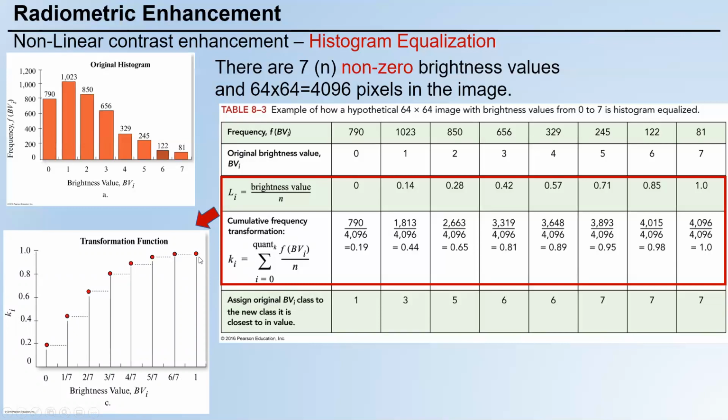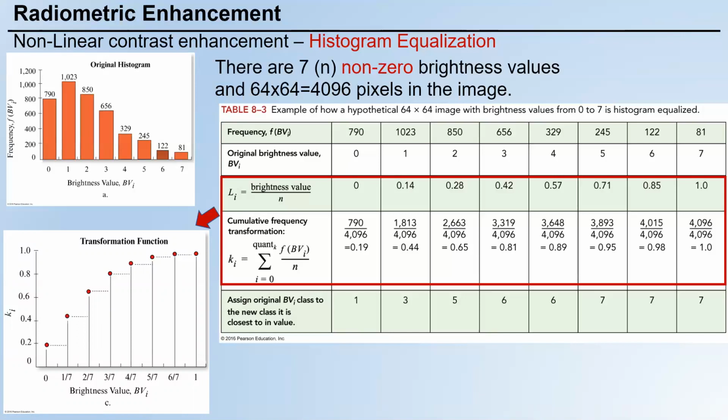Now we need to project the original brightness value BV to a new value after the equalization. This is a key part of histogram equalization. Originally, it was 0. So what's the new BV value after the histogram equalization?